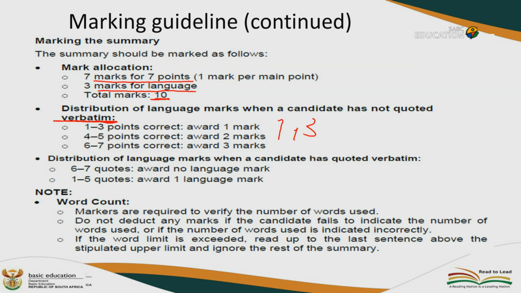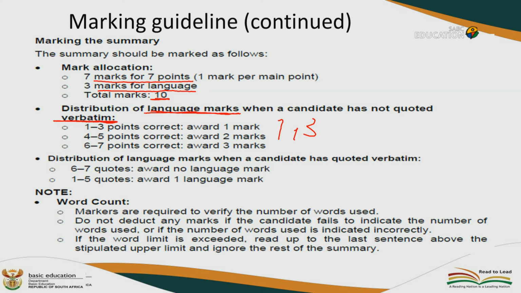I need to speak a little about the language mark. This mark, learners, the 3 marks, has got nothing to do with how you write your sentences. It has got nothing to do with the punctuation. It has nothing to do with prepositions, for example.